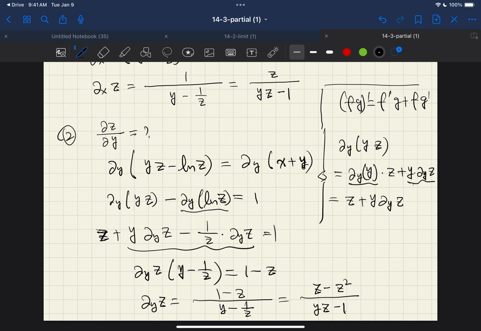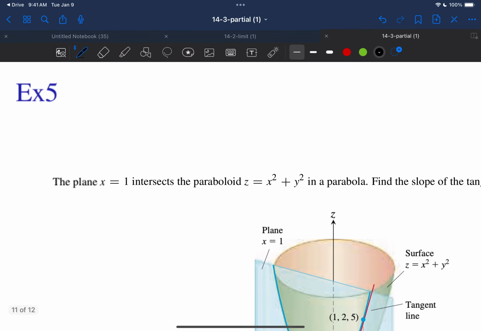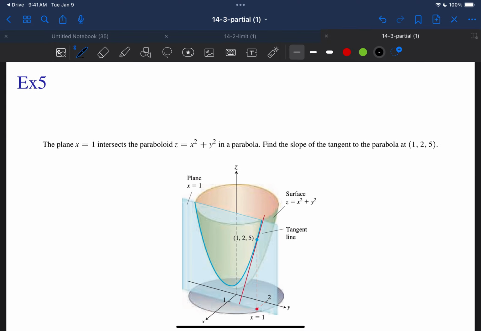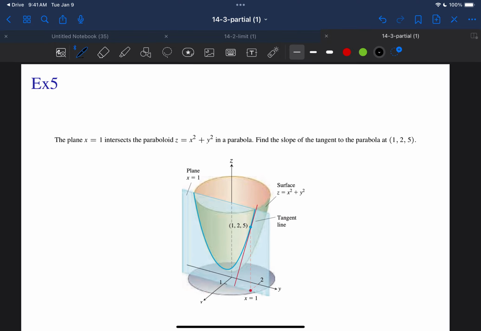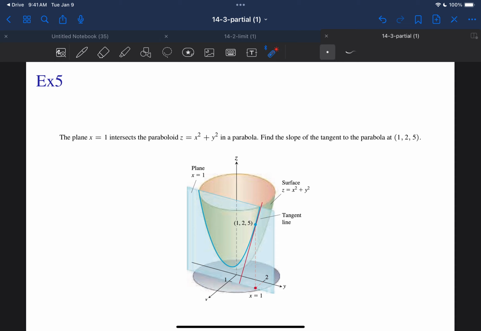Okay, now next we look at example 5. There's a geometric object in 3 dimensions, which is a paraboloid given by z equals x squared plus y squared.